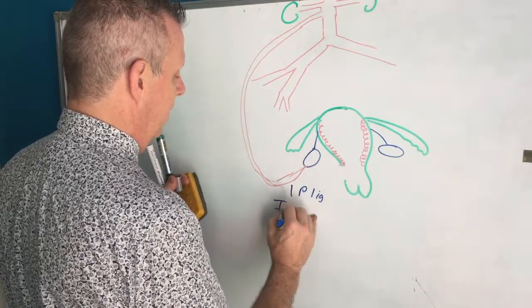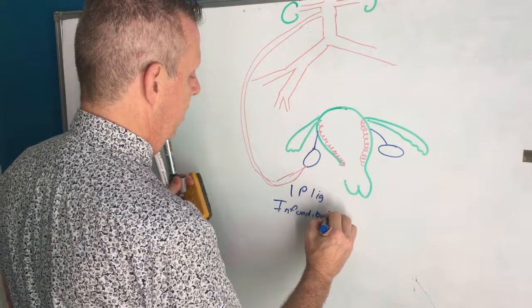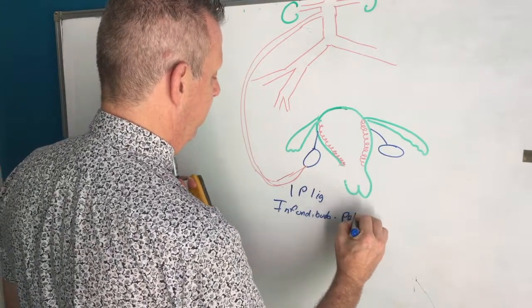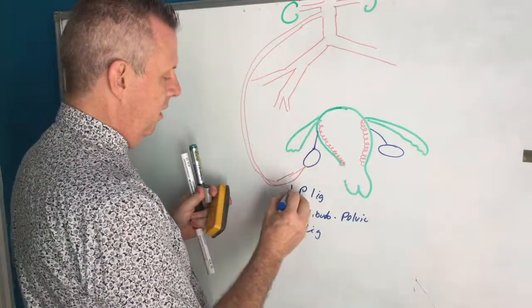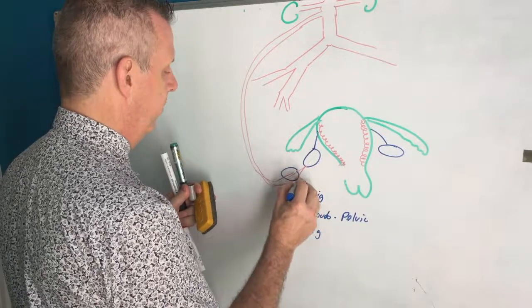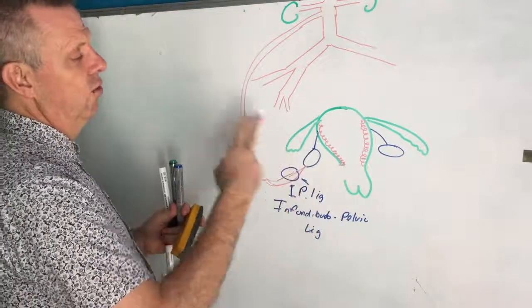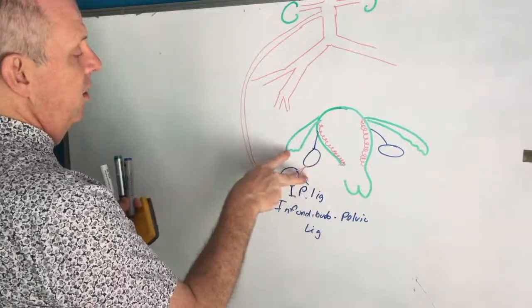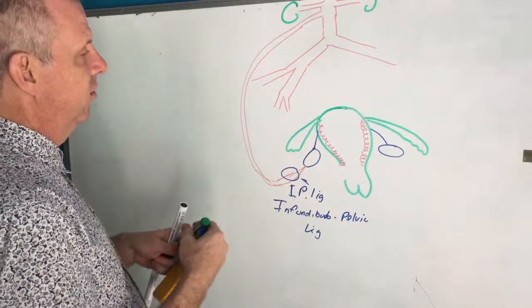That's called the infundibulopelvic ligament, and it's the IP ligament, which is this right here. And so if you have to take out the ovary during surgery, you have to identify where this ligament is, and then make your dissection through that.